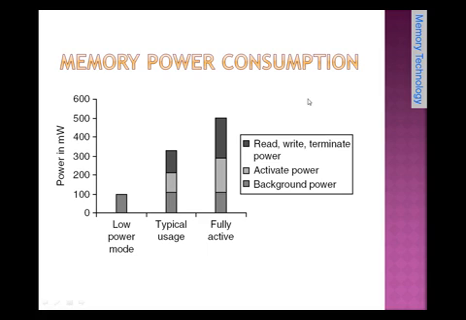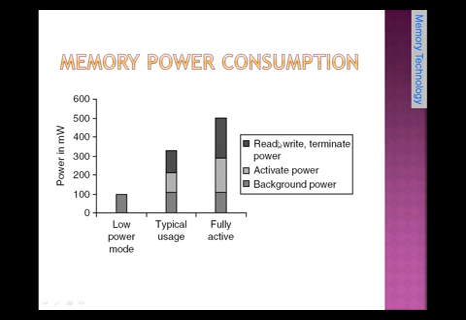Then memory power consumption, that is, what power is required. This is the low power mode, this is typical usage, and this is the fully active mode. Power consumption is measured in watts, in terms of milliwatts.